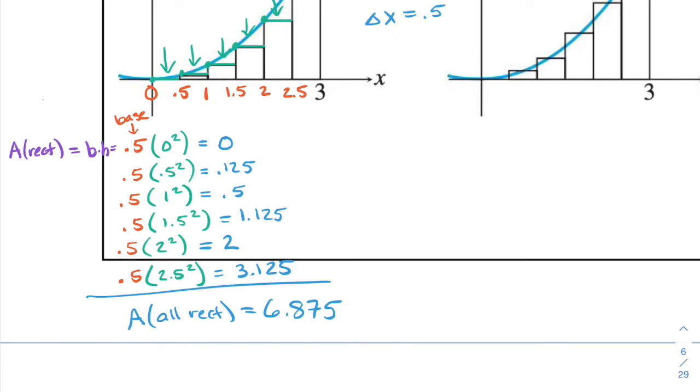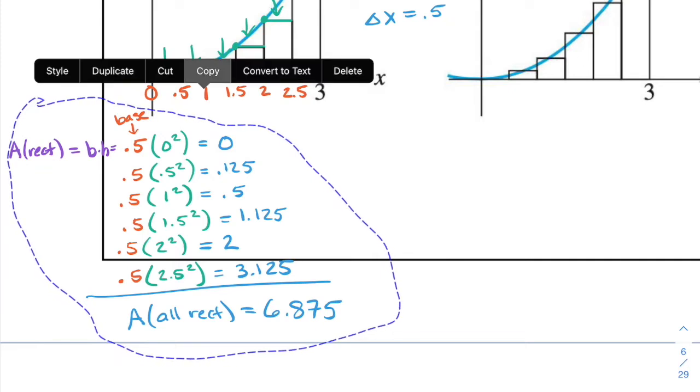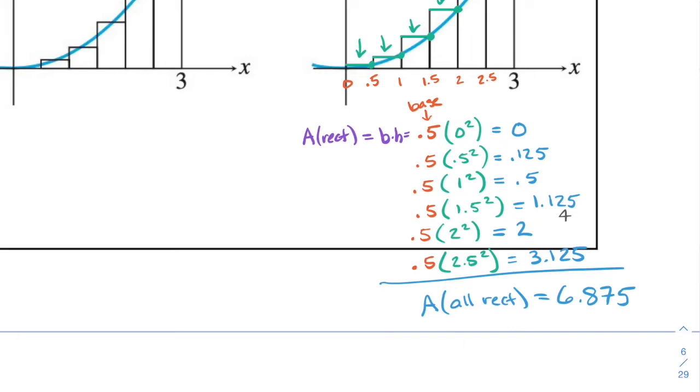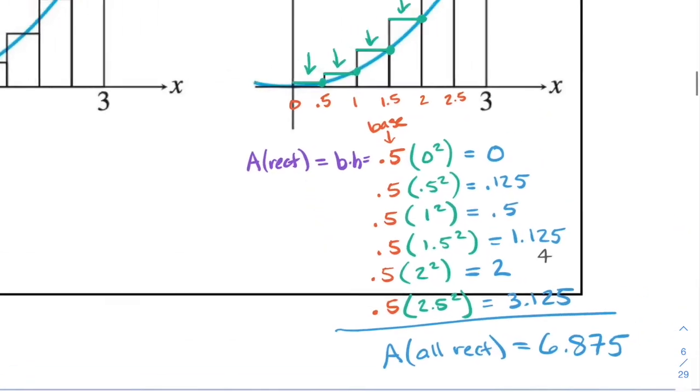So I'm actually going to copy all this over to save time. Feel free to pause the video at this moment. The reason I'm copying and pasting is that almost all of our work will be the same.